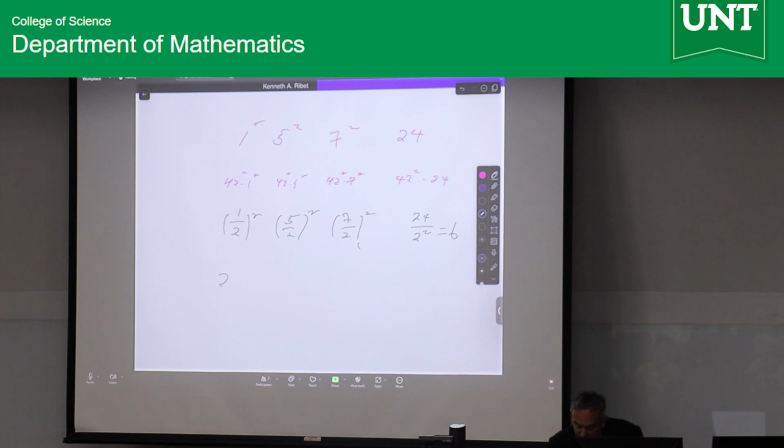And the point to me is that the 24 is a product of a square and a number which happens to be 6 in this example, where you can no longer take out the square. So the 6 is the square-free part of 24.